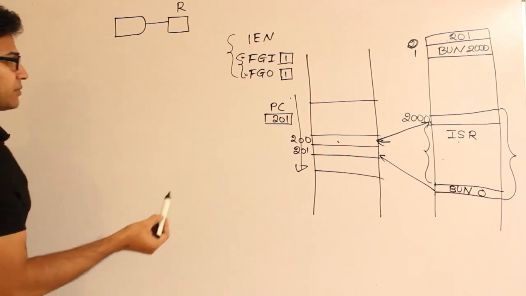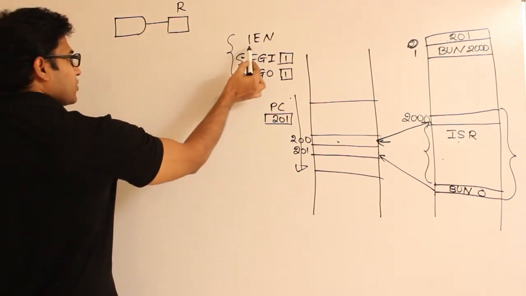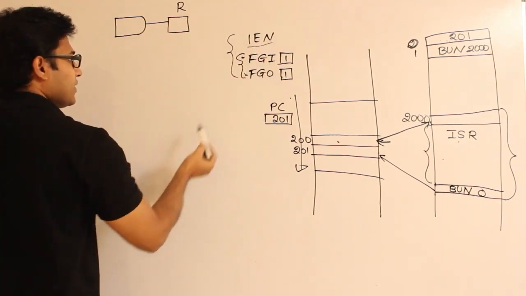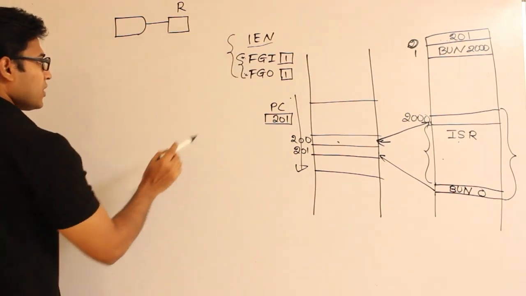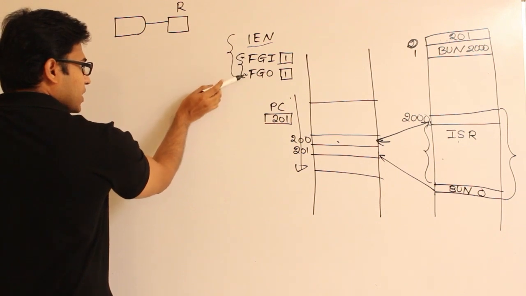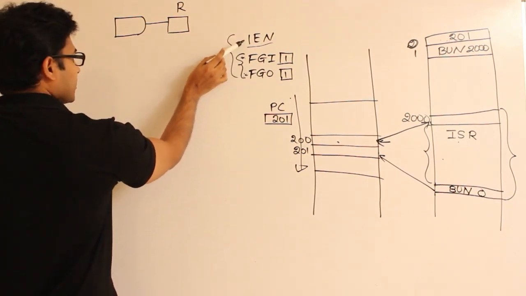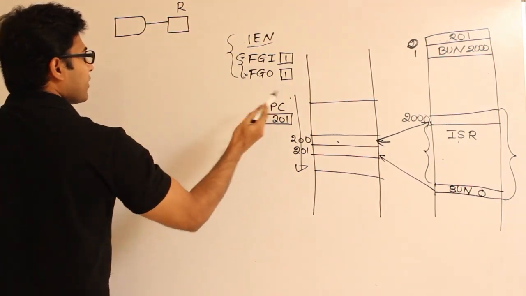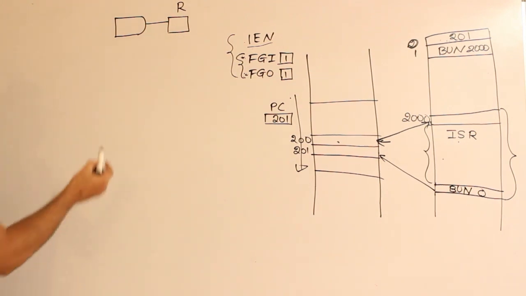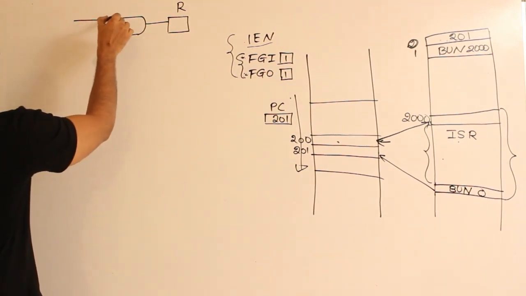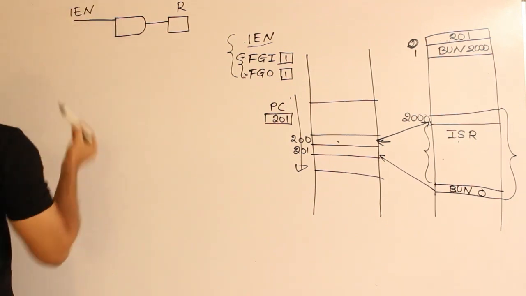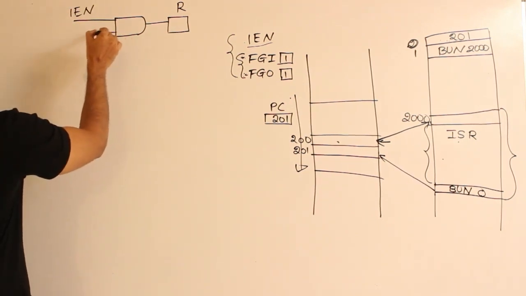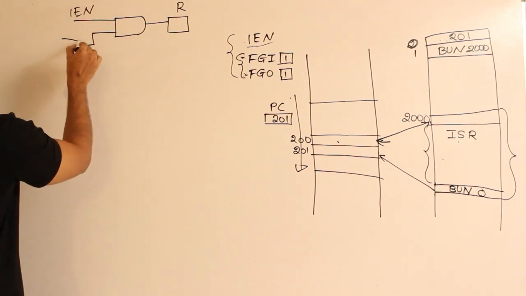First of all, if the interrupt has to be raised, then you should enable the interrupts, and then any one of these two flags should be 1. Therefore, one of these should be saying 1 and this one should definitely be 1. Then only I want to raise the interrupt. So see how I am going to design this. One input is going to be IEN, and the other input is going to come from this OR gate.